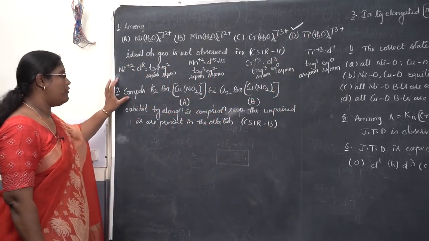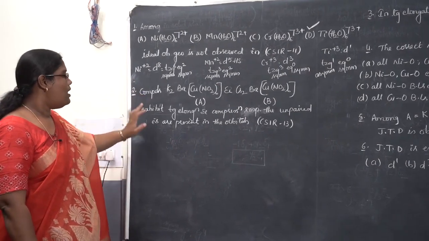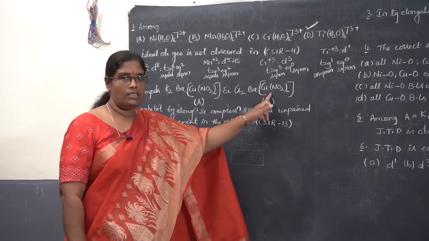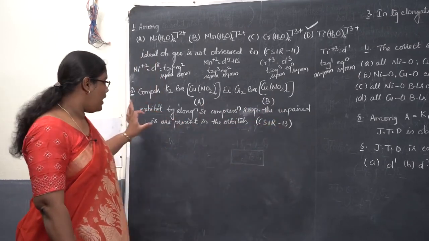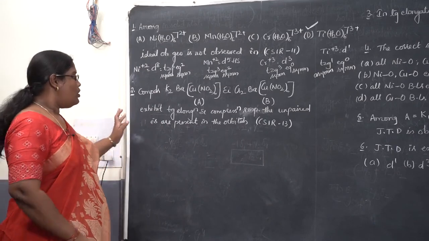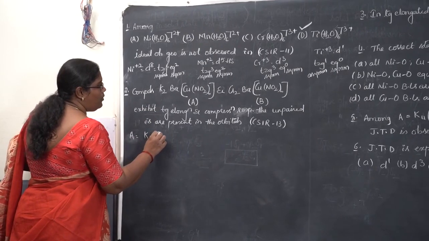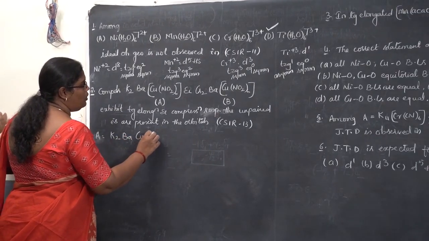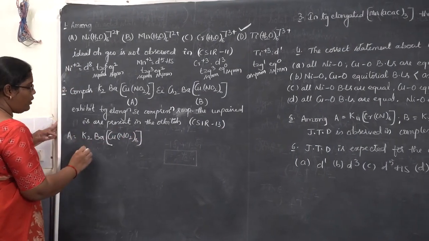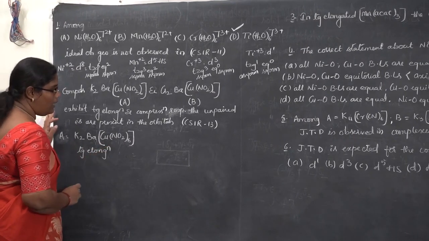And when you see the second question, they have given a set of complexes and they are saying that they have tetragonal elongation and compression in the complexes. So you have to identify the orbital which contains the unpaired electron. So when you take the first complex, that is K2BaCu(NO2)6, it is undergoing tetragonal elongation.